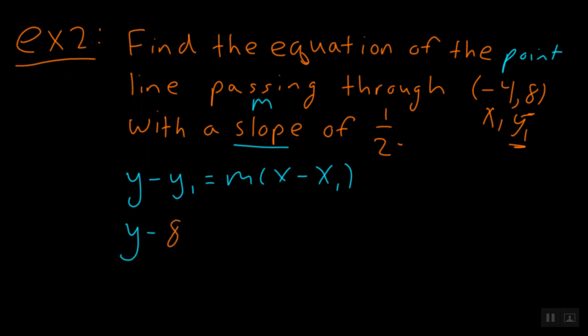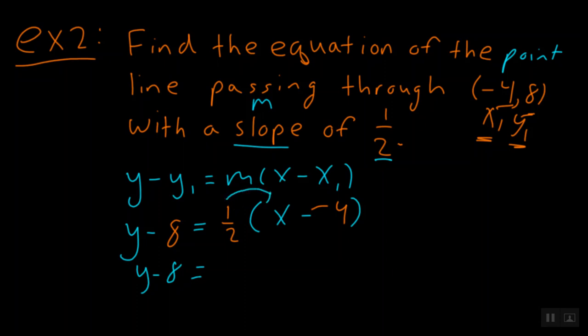Now I'm going back to my formula color, equals, and of course our m value, our slope, is going to have to be this 1 over 2, and then x minus our x1 value, which is right here, negative 4. Once again, note, I have my formula in blue, and I have the information that we pulled from the problem in orange. Okay, so we don't have to change anything here because there's only one negative.